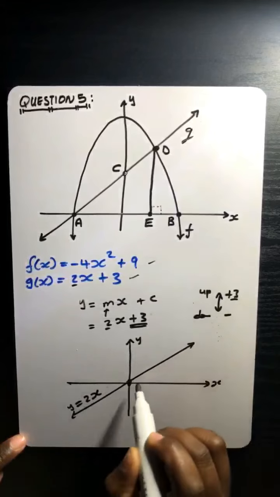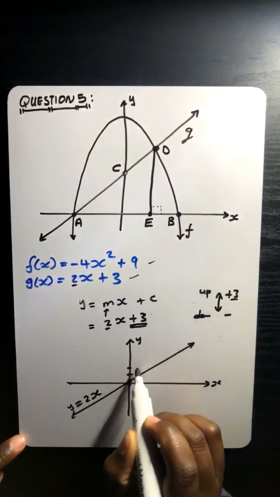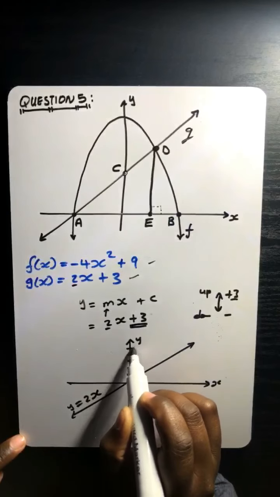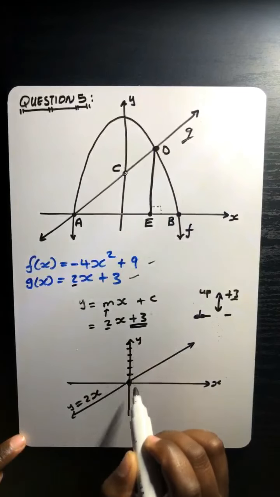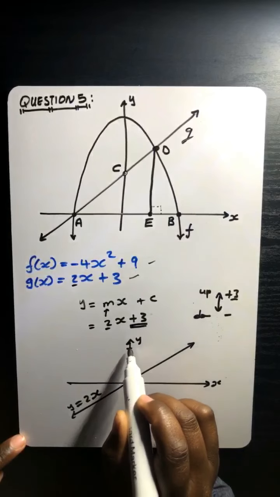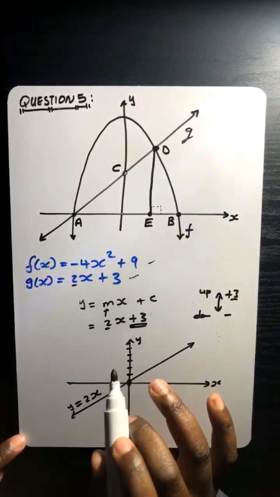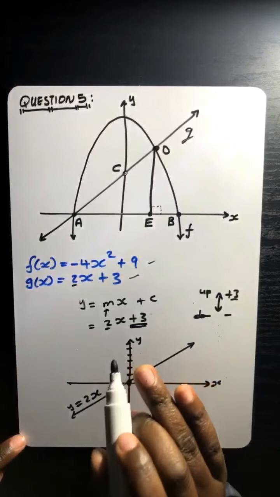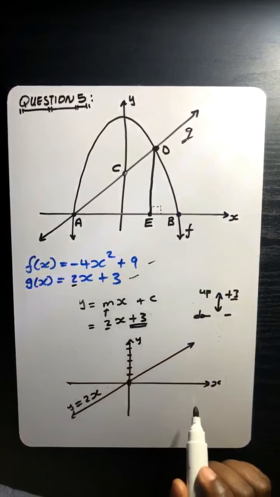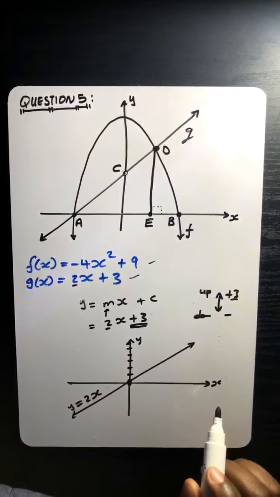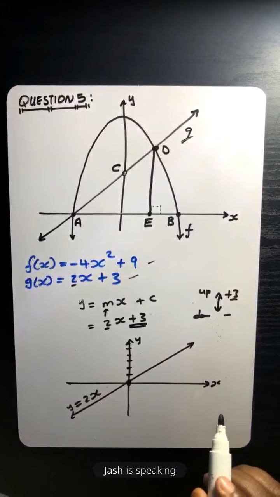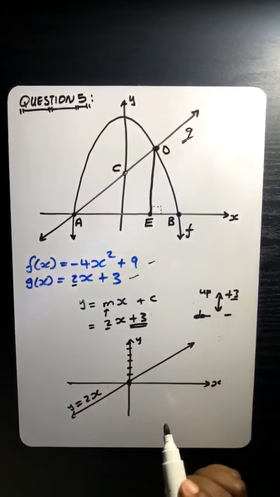Down will mean a negative value, but in this case, we've got a positive value, which means this graph, which was originally passing through the origin, shifted by 1, 2, 3 units. Hey, you get it? If you don't get it, forget about it.